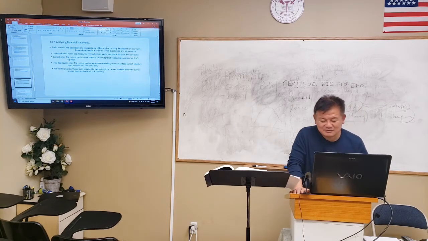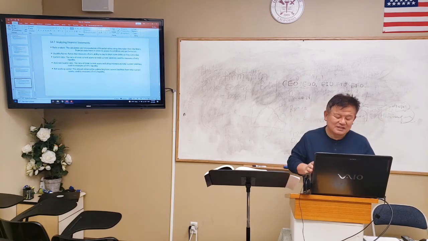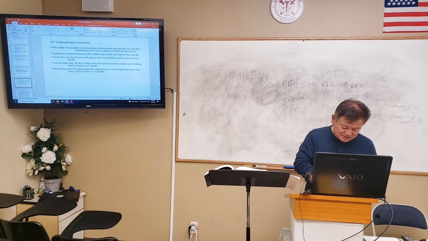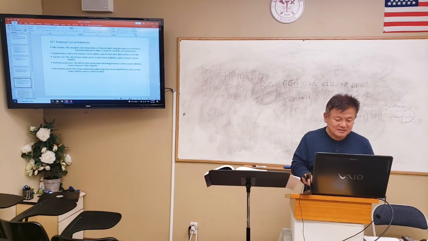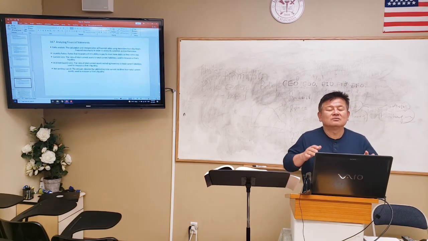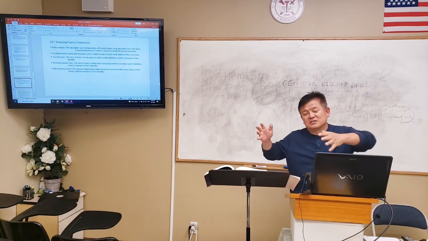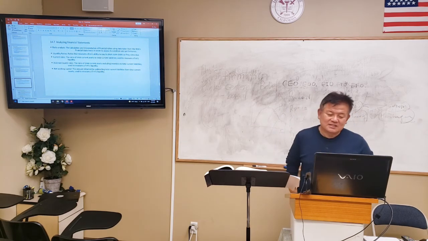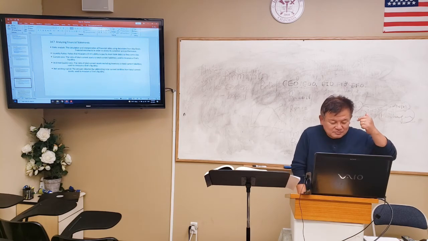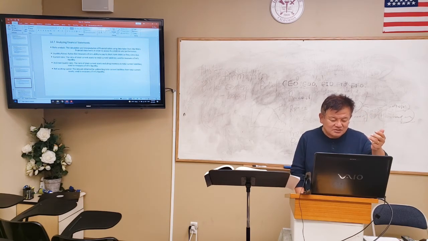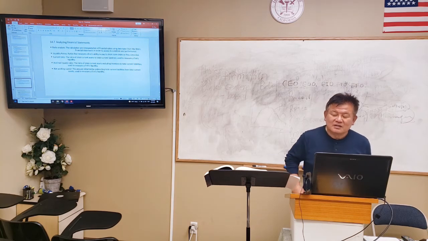This is not the introduction part, but anyway, if you want to study the accounting part, you have to study later. And this is how we use the analysis of financial statements. For example, ratio analysis, liquidity analysis, current ratio, acid test ratio, net working capital, or something.